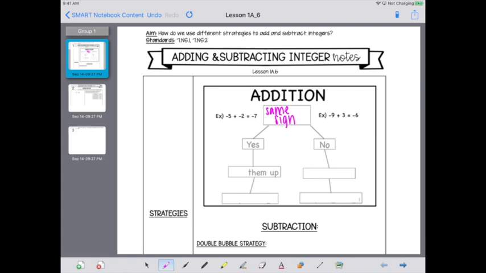So that's the first question. Do we have the same sign? So for the answer yes, we have in our example -5 plus -2. We're going to add them up. Combine the values to get 7. 5 plus 2 is 7. And then we're going to keep the sign.